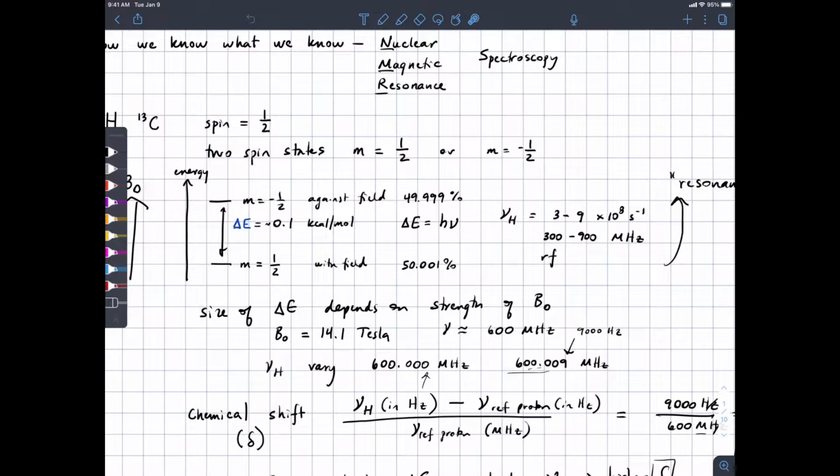So larger magnetic field means larger energy difference. Larger energy difference means higher frequency, and then higher frequency relative to some reference means higher chemical shift. All right.